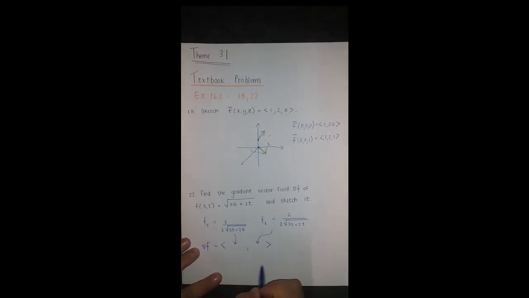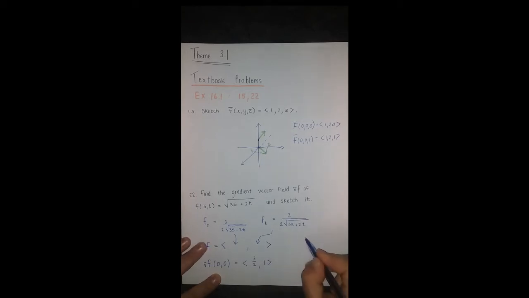So let's take points for s and t of 0. So you'll have del f(0, 0). And that will give us, if we put 0 in here, 3/2 and 1. So then you can sketch that.